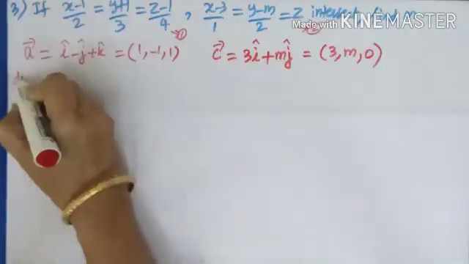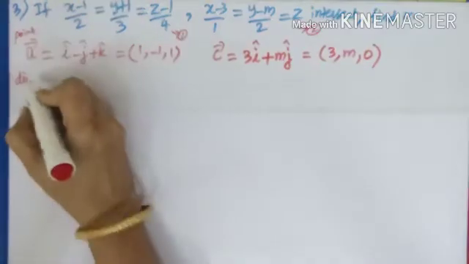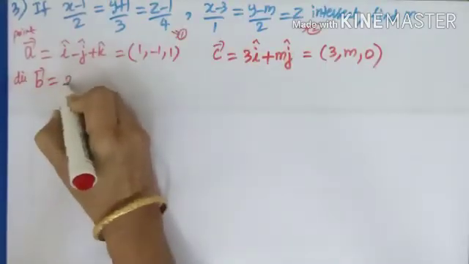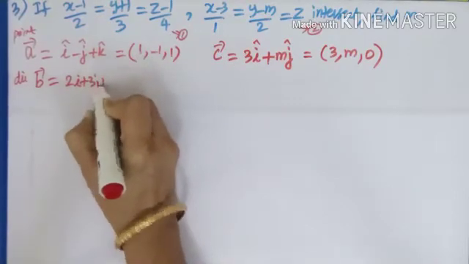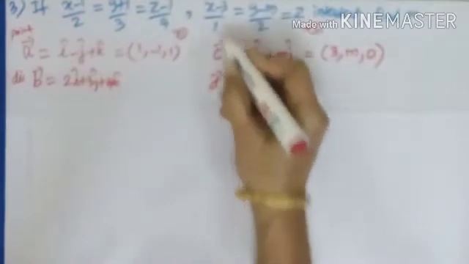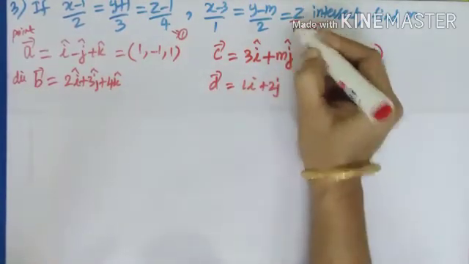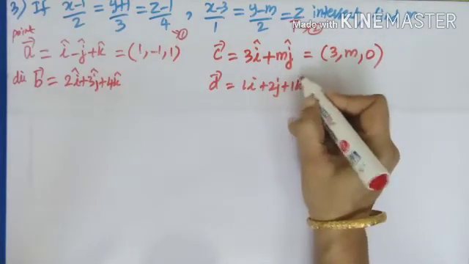Now directions. What this is point. Denominator for direction I call b vector 2i plus 3j plus 4k. And d vector 1i plus 2j, no number implies 1, so that is 1k.